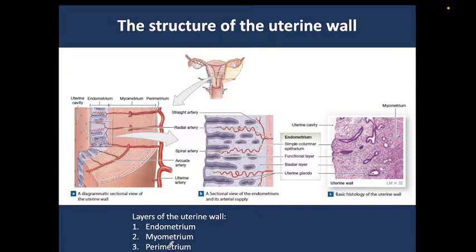And the thin external layer of the uterus is called perimetrium. Perimetrium may be a serosal layer; usually the fundus and some part of the body of the uterus is covered by peritoneum, but the cervix usually has an adventitial layer.